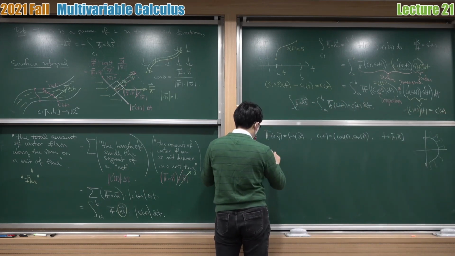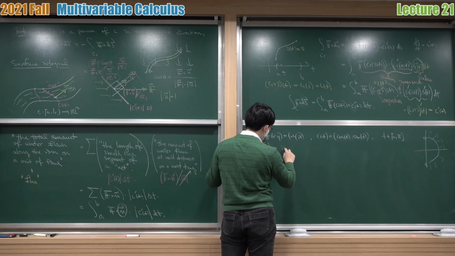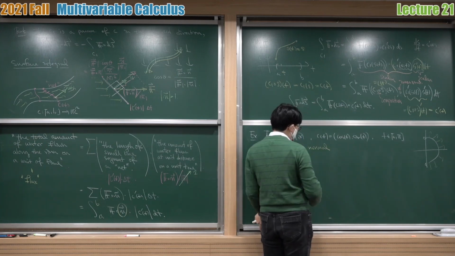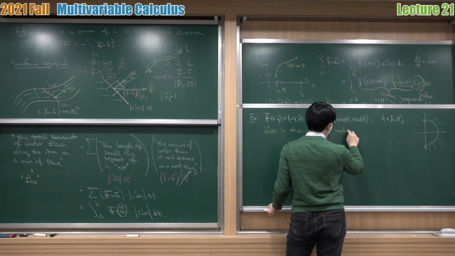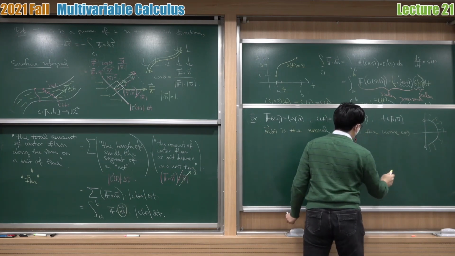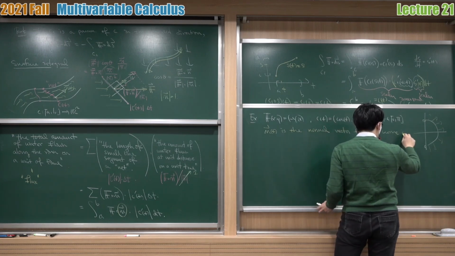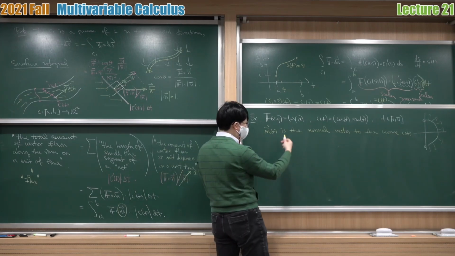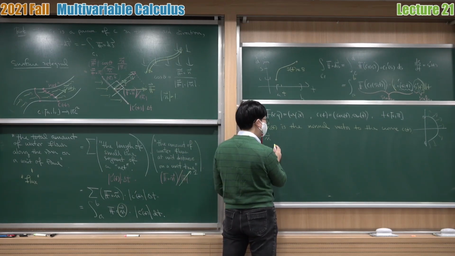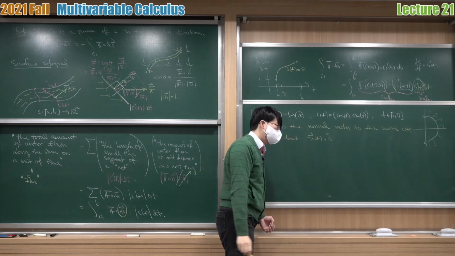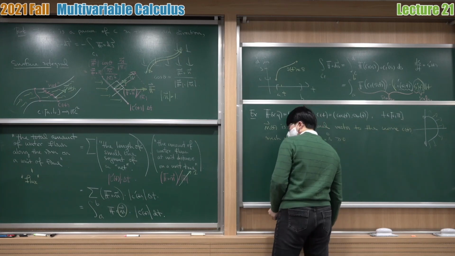So my N(t) is the normal vector to the curve C(t). Whenever we mention the direction that we care about, it is such that the inner product of N(t) with i is always bigger than 0.